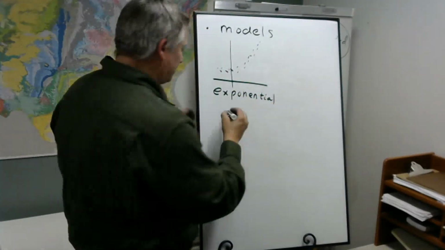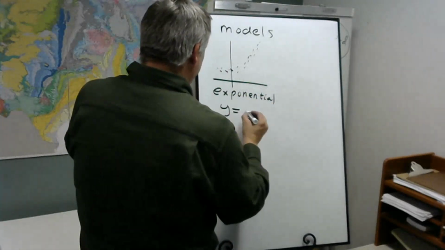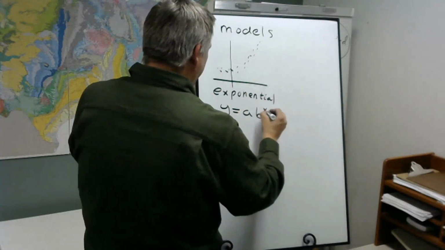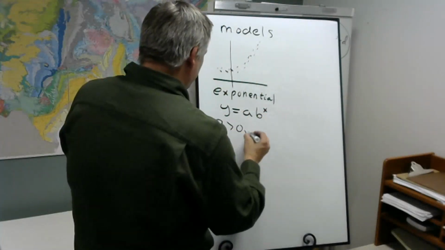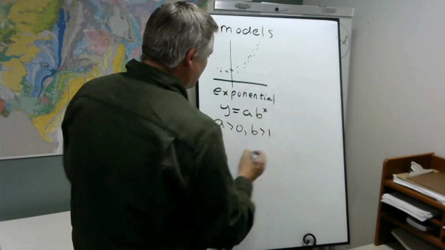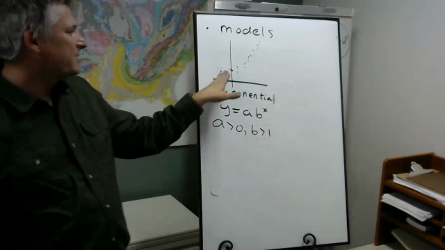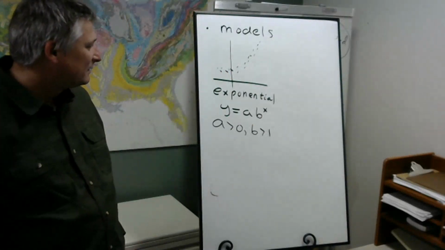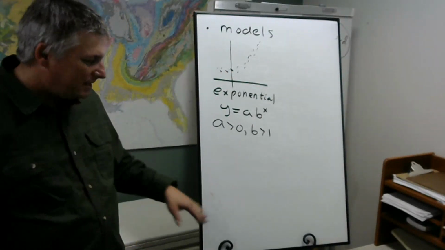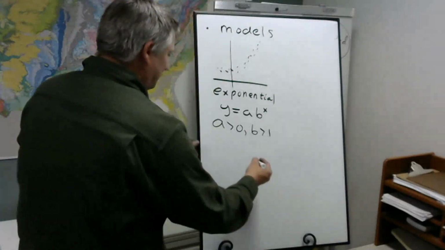A recommended model for this would be y equals ab to the x with a greater than 0, b greater than 1. And again, this is what the exponential function looks like for b greater than 1.